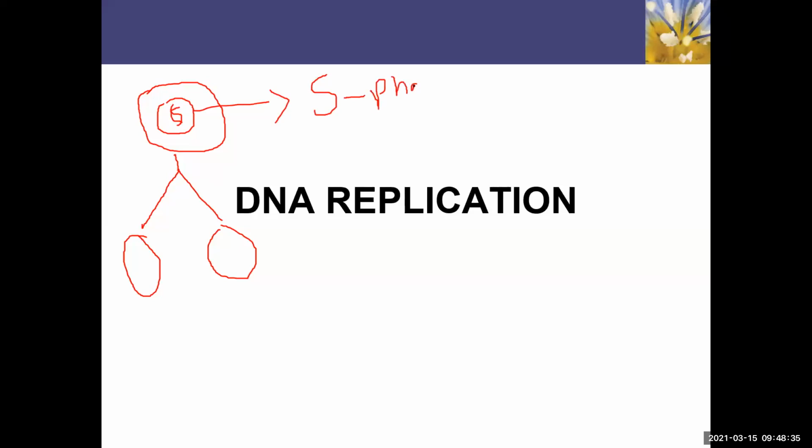S phase belongs to the interphase, not the mitotic phase, because by the time the cell reaches mitosis, the DNA has already duplicated. That is why we have a duplicated chromosome in mitosis. But before S phase, the chromosome looks like this, with a single chromatid. So duplication of the chromosome, that means the replication, takes place in the S phase.